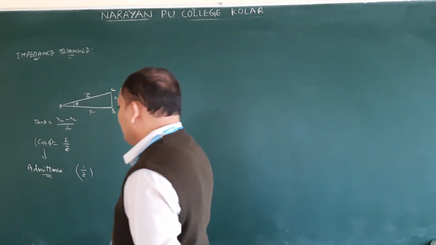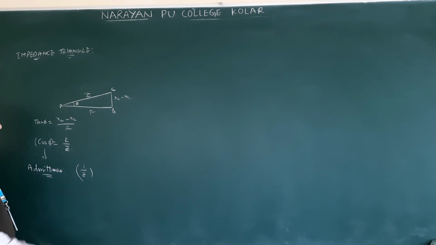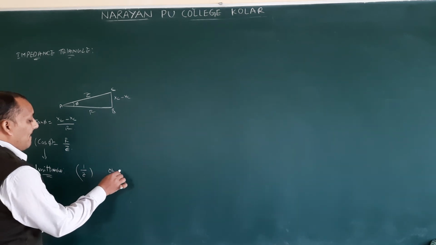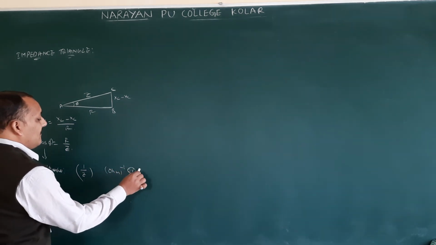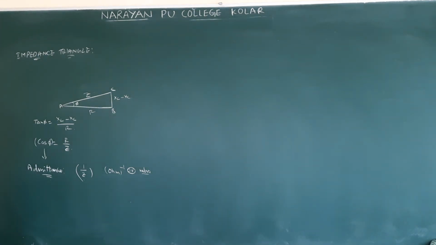Same like that, the reciprocal of impedance is called admittance. Impedance units are ohms; admittance units are mho or ohm inverse. Okay. So this is the definition for admittance. Next, resonance in AC circuits.